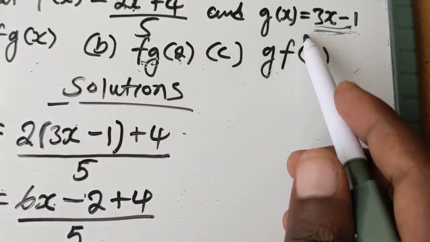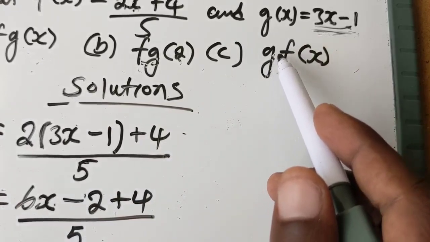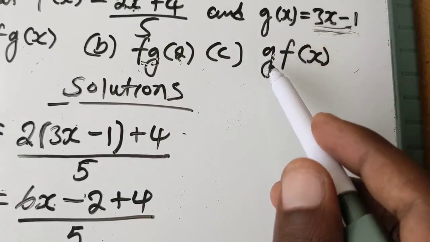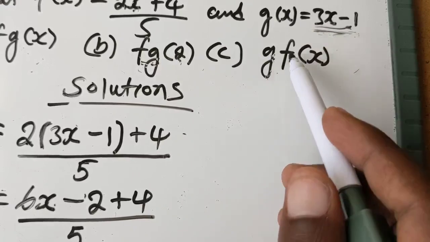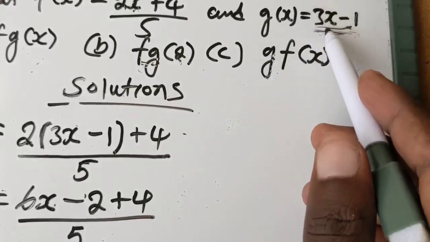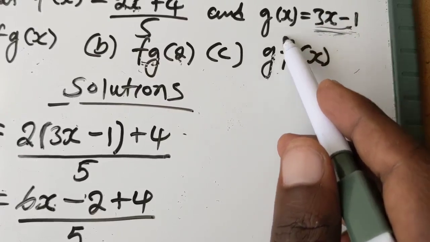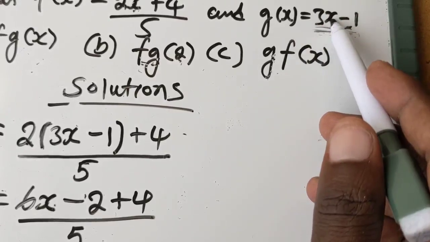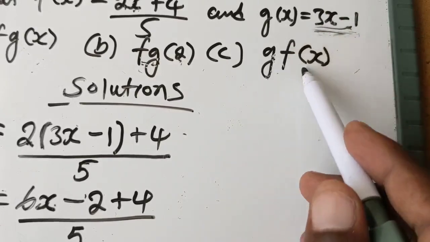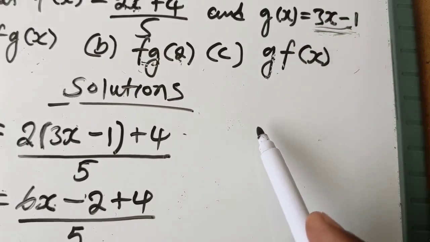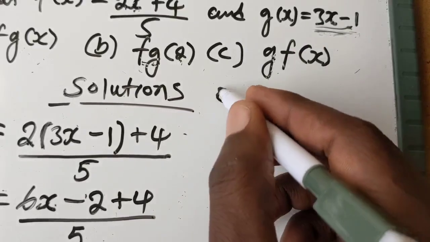This expression starts with function g, so you get the function of g of x, then replace where there is x in g of x with f of x. So this is c.